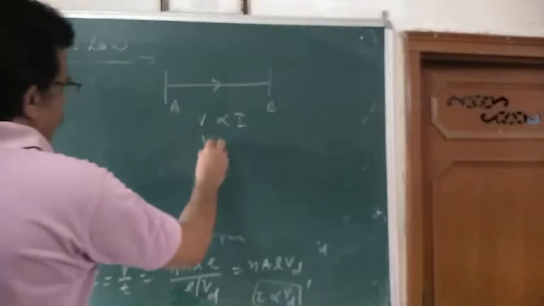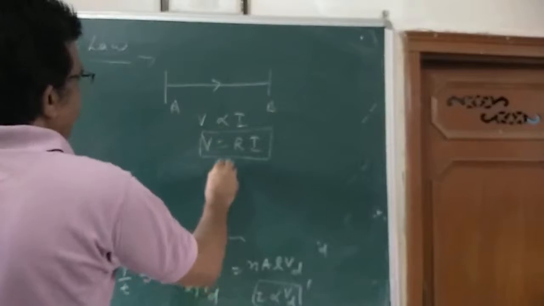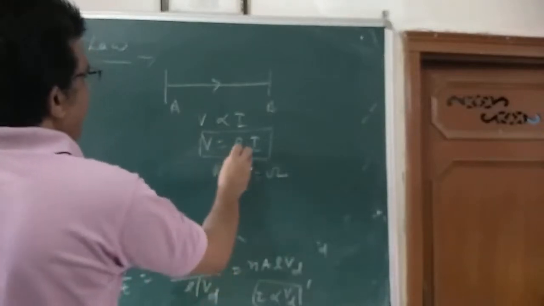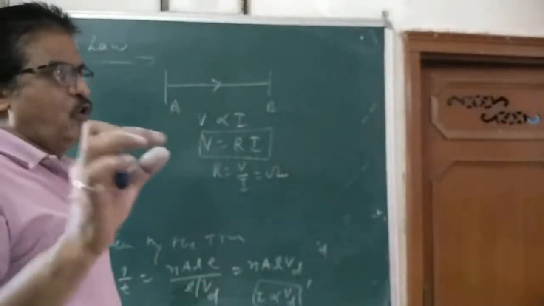The constant of proportionality here is R. So V is equal to IR. So I can write here R is equal to V upon I. R here is the resistance of a conductor and the unit of resistance is ohm.